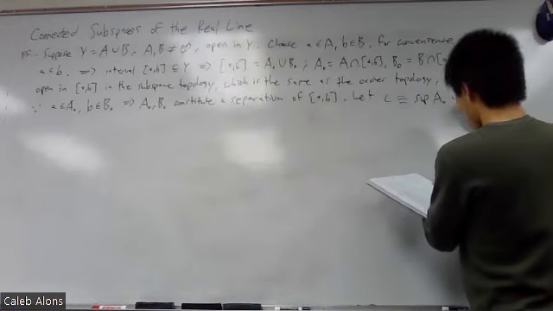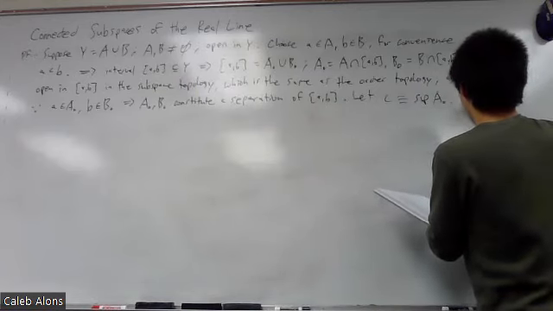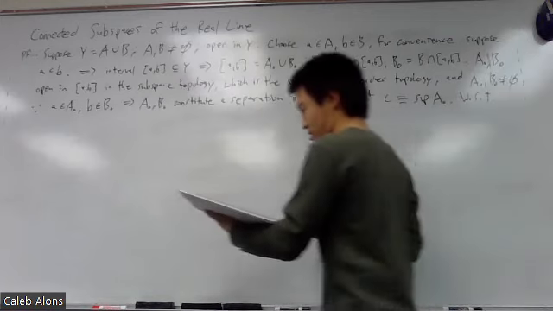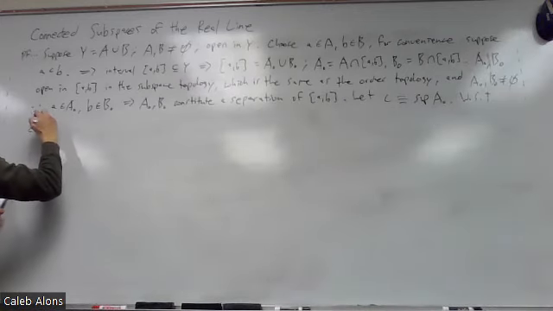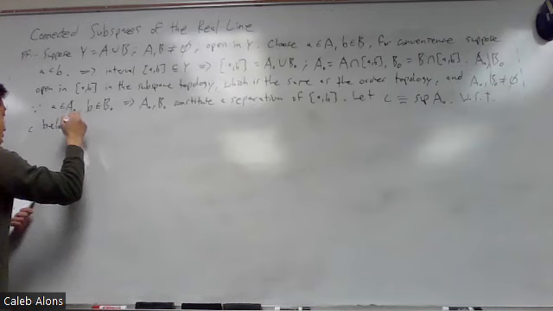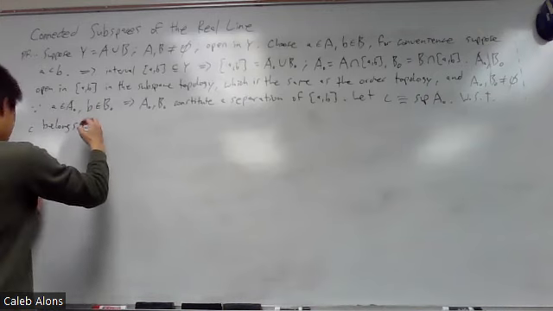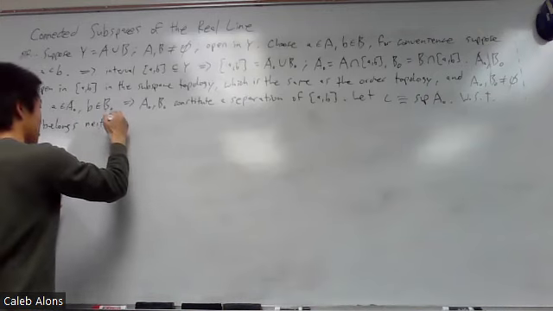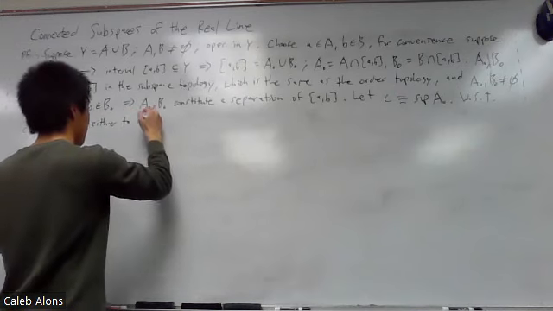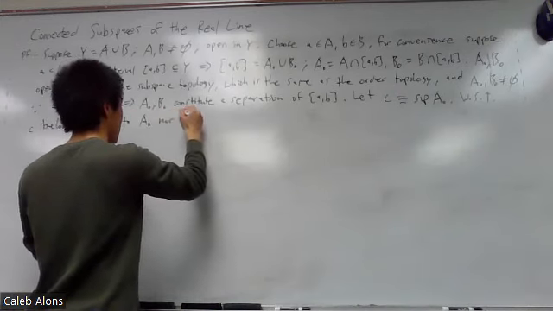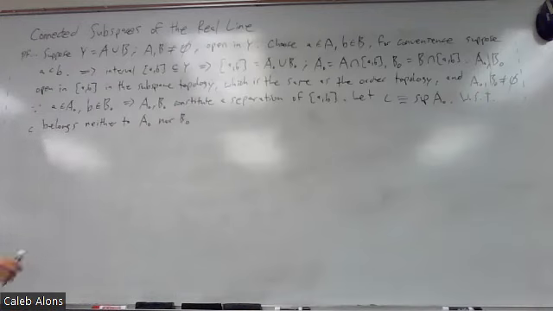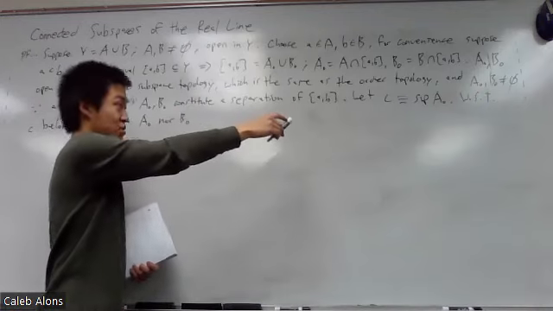Okay. So effectively, all we've got to do is show that C belongs neither to A naught nor B naught. Why is that a problem necessarily? Well, C is the supremum.